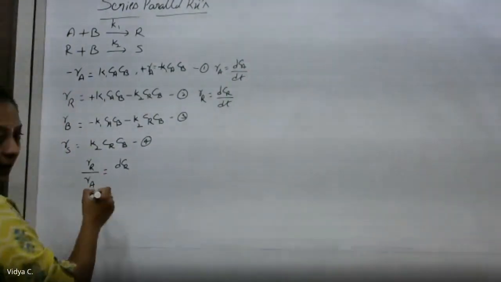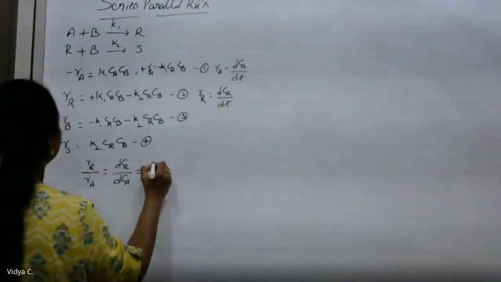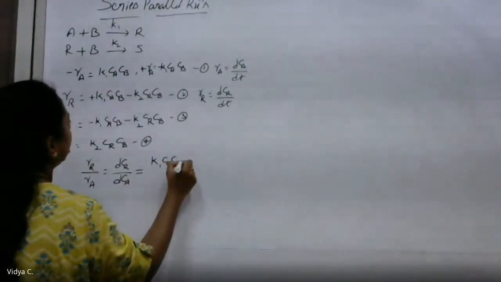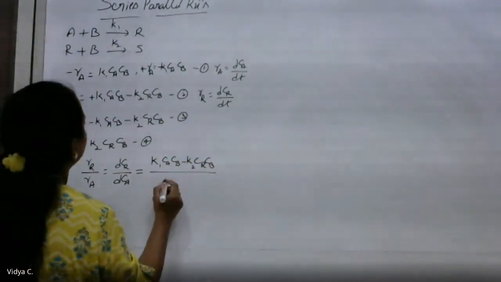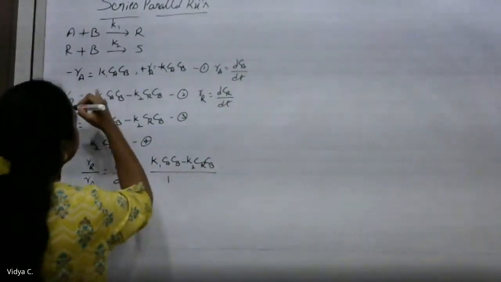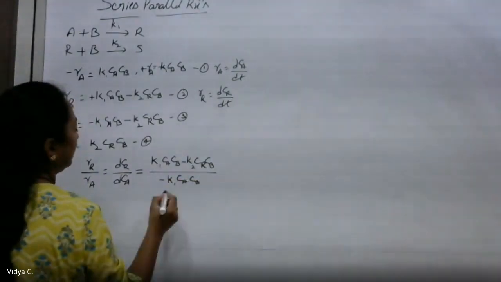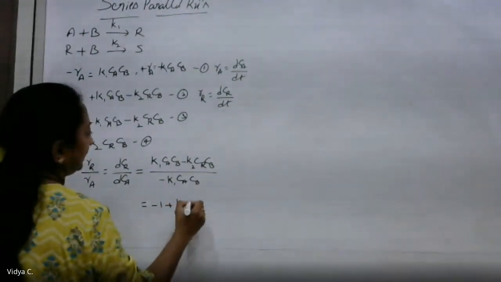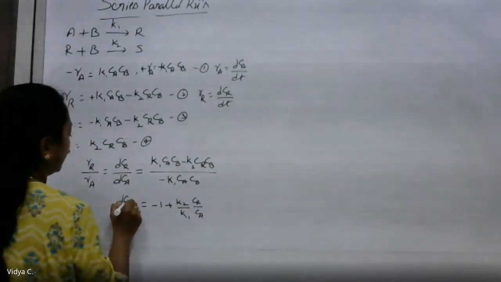So RR by RA is dCR by dCA, which is equal to K1 CA CB minus K2 CR CB, divided by RA, which is minus K1 CA CB. This reduces to minus 1 plus K2 by K1 into CR by CA. This will be the equation for dCR by dCA.